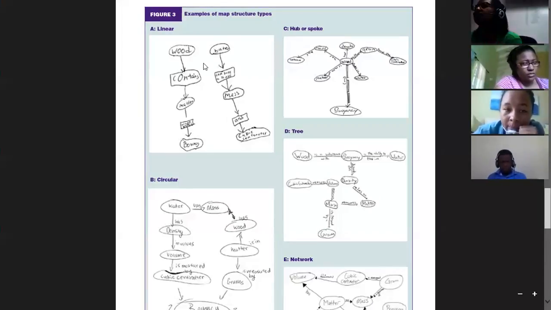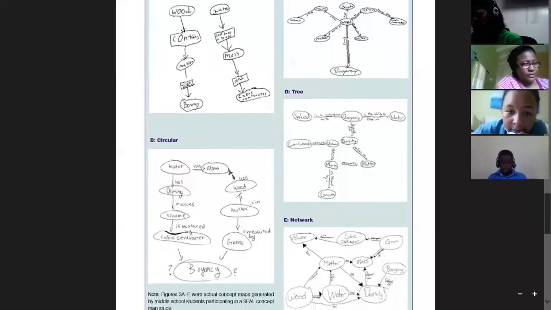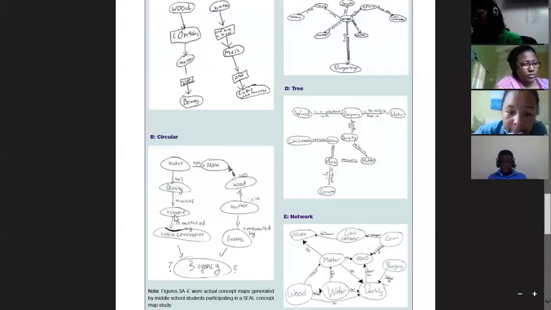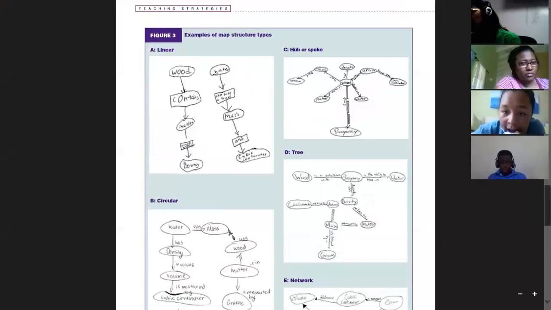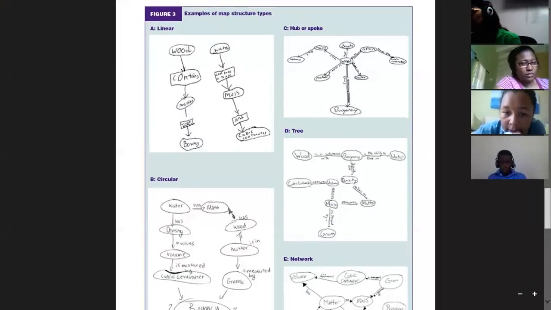Samuel, the top left box would be a linear concept map. The one just below that would be a circular concept map that's going around in a circle. The one that I had today looks like a bit of a hub, which is going up into the second column, the top.